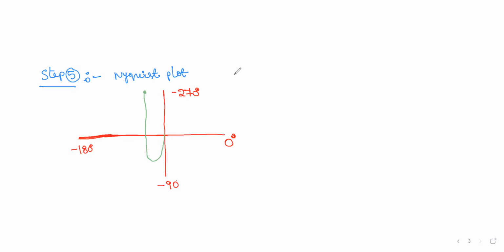So for the Nyquist plot, we have to plot from omega equal to minus infinite to infinite. Already we have calculated from 0 to infinite, so obviously we can draw the mirror image from minus infinite to 0.